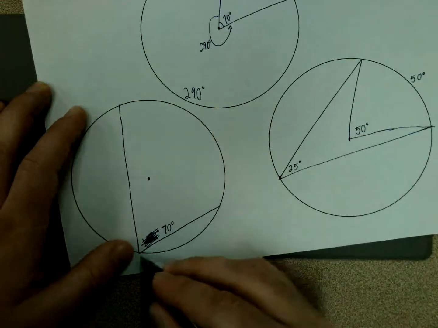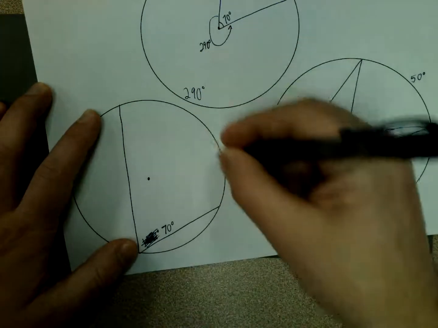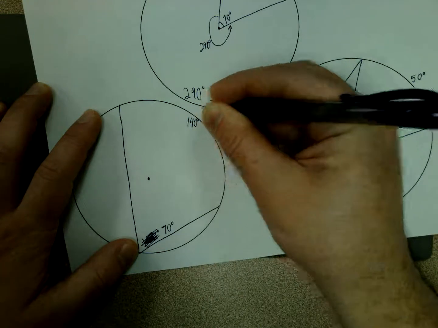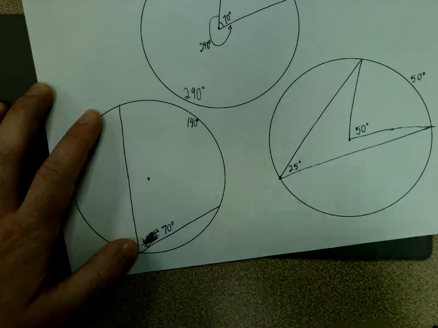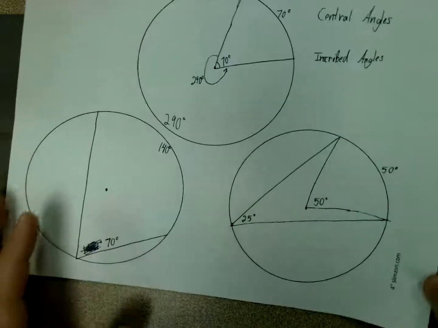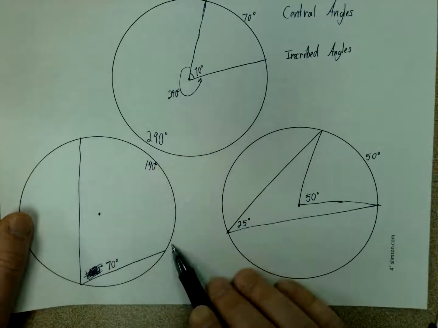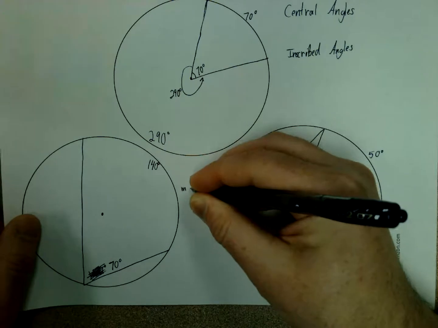So this is an inscribed angle since the vertex is on the outside. So this will be doubled. So this arc distance angle is 140 degrees, 70 times 2, right? And that's pretty much all there is to it. So if you're looking at central angles, they're going to match. If you have an inscribed angle, the arc there, which is denoted as this.